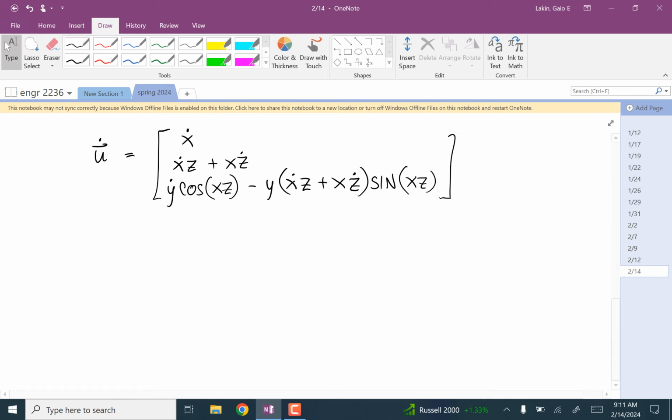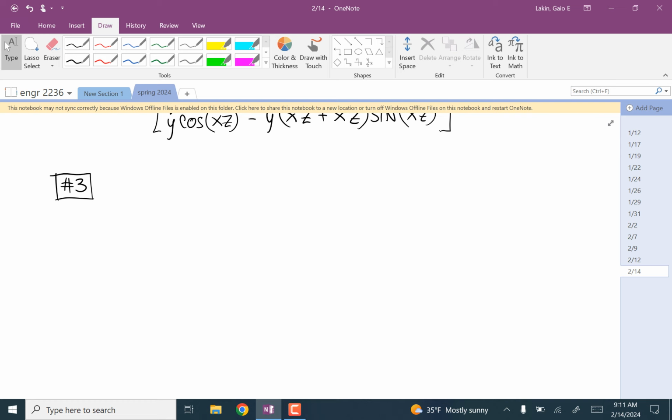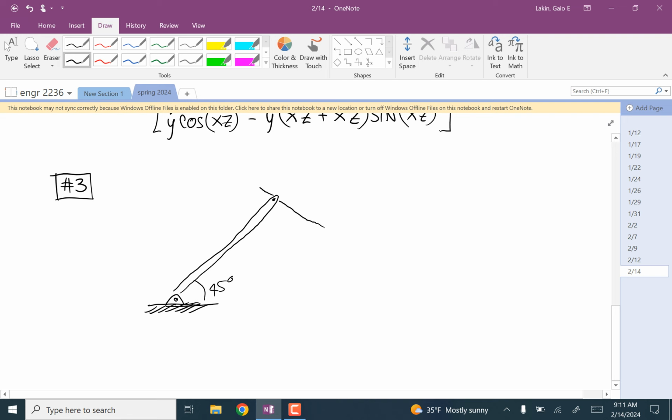So number 3 is one of these relative motion problems. You have this at an angle of 45 degrees with the horizontal. And then this is perpendicular to that first member.